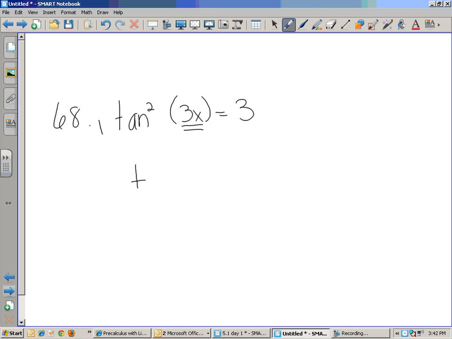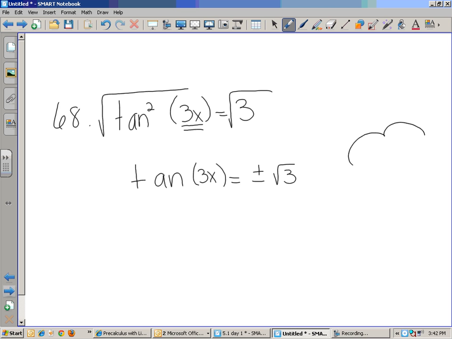So I'm going to square root both sides, and when I take a square root, I have to put a plus or minus. And now what I'm saying is the tangent of 3x is equal to plus or minus square root of 3. So remember, I'm now thinking. These questions require us to think. I know, it's painful, but do it. I'm really thinking, where is the tangent of theta equal to the square root of 3?